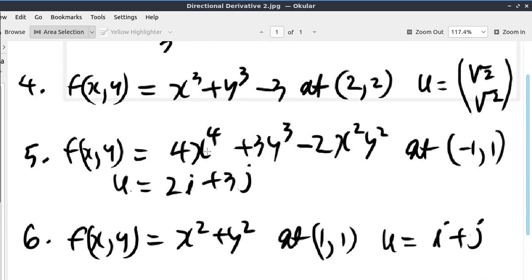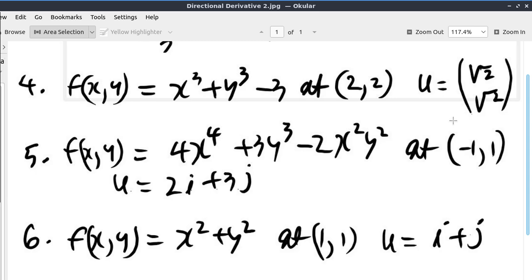Question 4, f of x y equals x cubed plus y cubed minus 3 at the point (2, 2) in the direction of the vector. Now in this case, the vector is written as a column matrix, square root of 2, square root of 2. It's the same thing as saying the square root of 2 i plus the square root of 2 j.